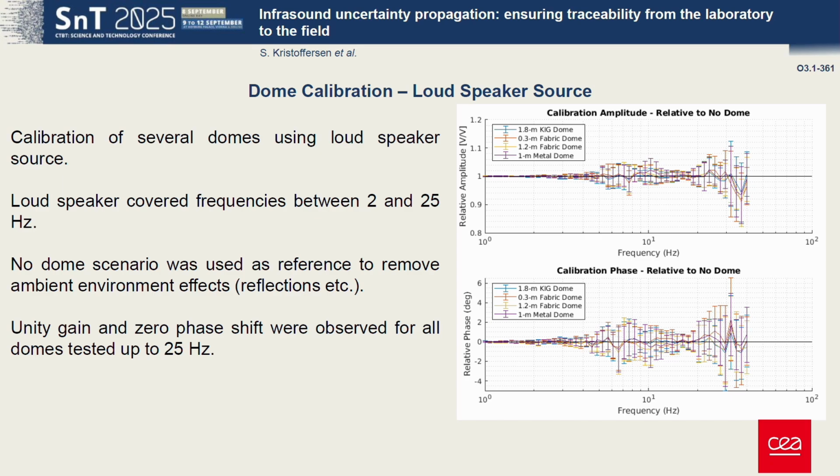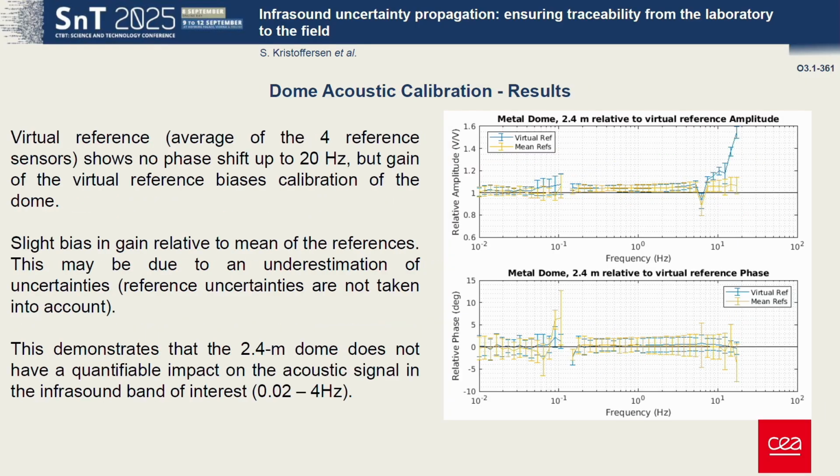We tried this with several different domes, between about 30, 40 centimeters up to about a 1.8 meter diameter dome, with different materials. In all of these cases, up to about 40 hertz, we didn't see any measurable deviations in the gain or in the phase shift. So that's a good, promising result.